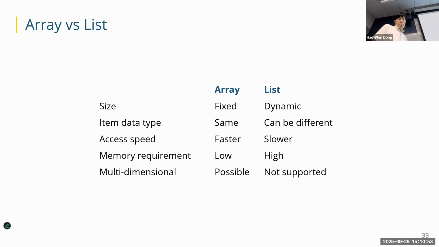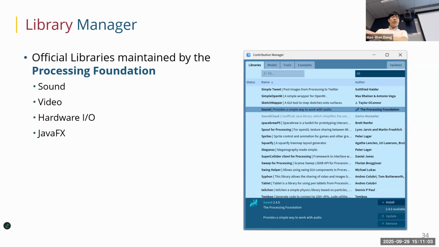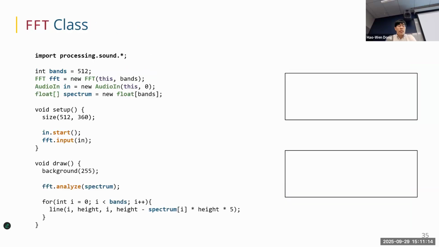But in our class, likely you won't be doing something big enough to see noticeable differences. And lastly, we talked about this library manager in Processing, where you can download all the external or internal libraries, official libraries, I mean.